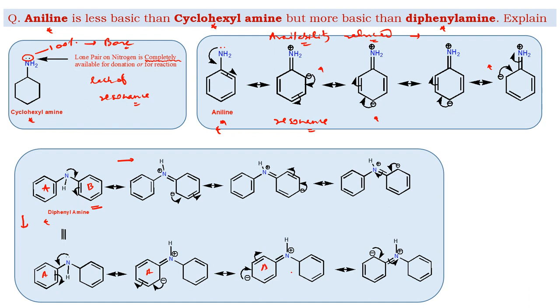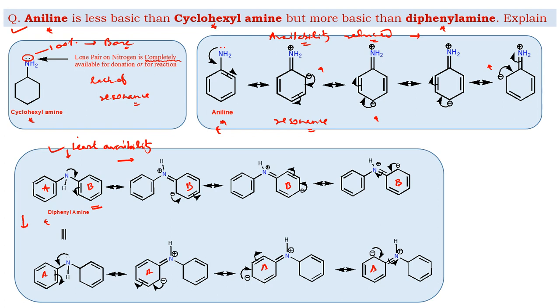So the lone pair on nitrogen is distributed over the carbons, and it has more resonating structures. So more electrons will be delocalized over the carbon, and this is the one with the least availability among these three molecules. Therefore, this concept can be explained: aniline is less basic than cyclohexylamine, but it is more basic than diphenylamine.